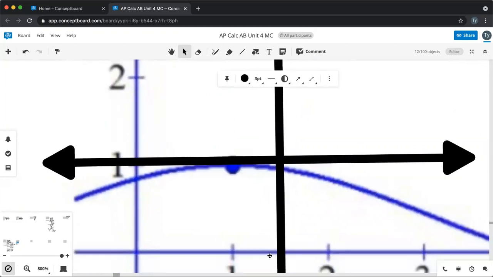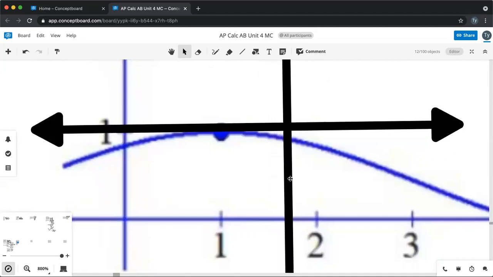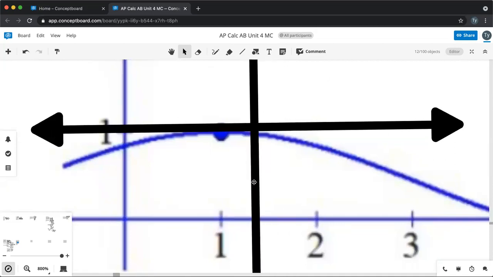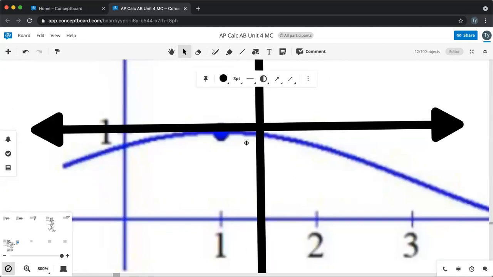If this is at 1.1, I know this is clearly larger than 1.5, right? It's more than halfway between 1 and 2, but see how the curvature doesn't change? So I could get away with putting it even further here. Put it as close as you can, but just for seeing this, I think it's easier to move this a little to the right.